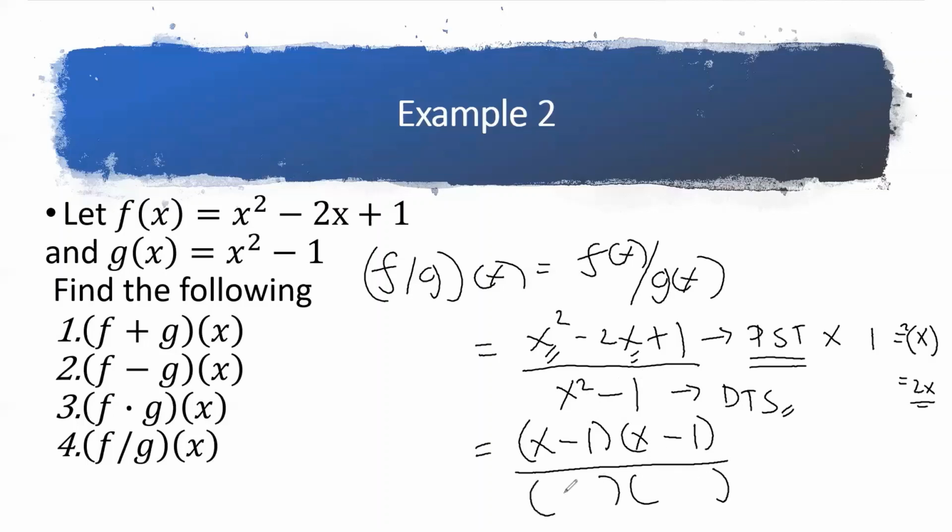Just get the square root of the first term, which is x, get the square root of the last term, which is 1, then the first sign is positive, then the second is negative. So positive, negative, then cancel out this. So what's left is x minus 1 over x plus 1. So this is now the answer.